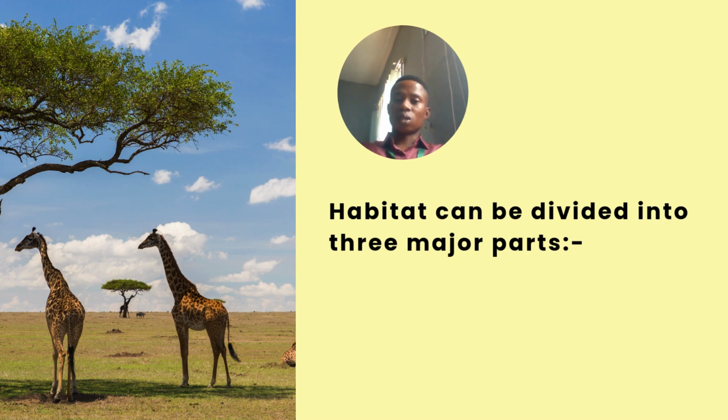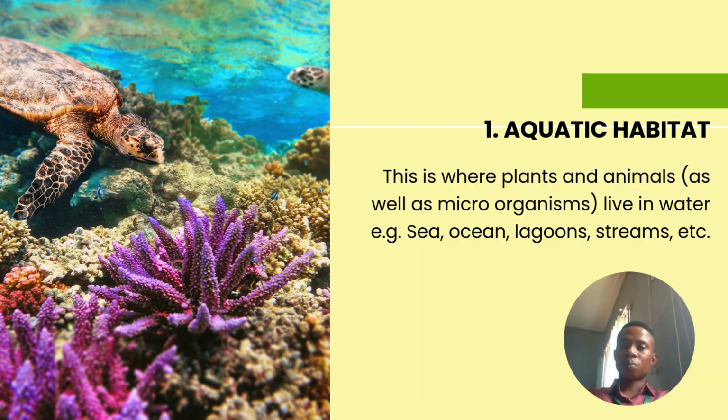Now let's look at it one after the other. The aquatic habitat is where plants and animals as well as microorganisms live in water, e.g., the sea, the ocean, the lagoon, the streams. There are some plants and some animals that live in water.